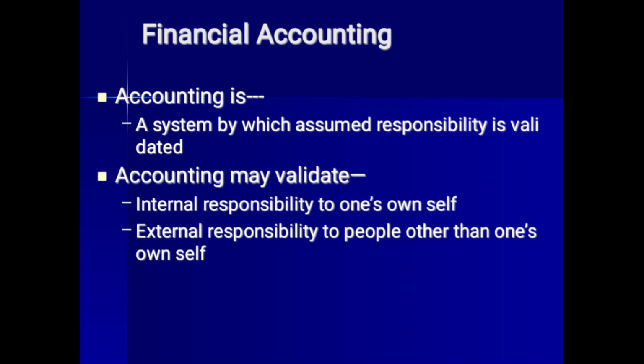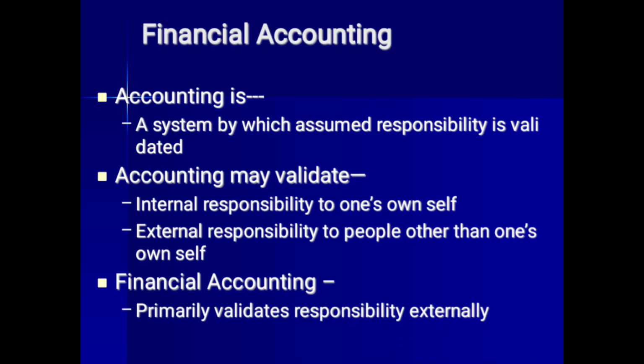The second is the external responsibilities. External responsibilities means they appoint outsiders, and they have to validate their accounts with the help of the external person, who may enter the transactions or verify and validate the accounts.